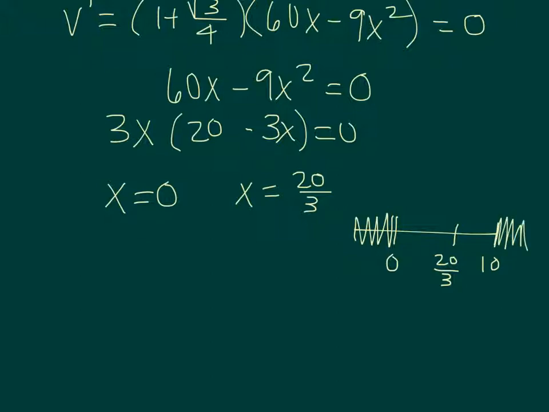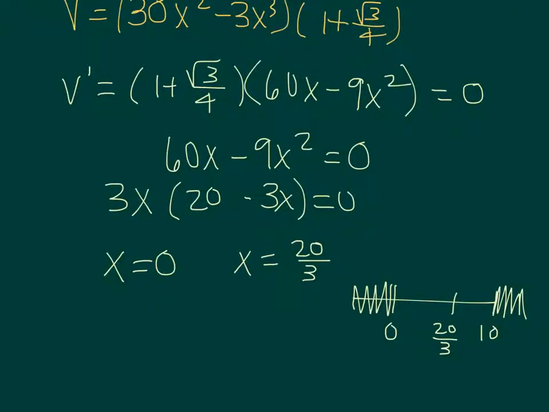So I'm going to test some values. 20 thirds is 6.666. So a value I could test would be 1. If I plug 1 into my derivative, I get a positive number. If I plug a 9 into my derivative, I get 60 times 9 minus 9 times 81, so it's negative. And we have a maximum.